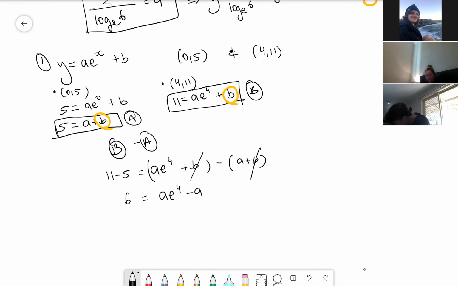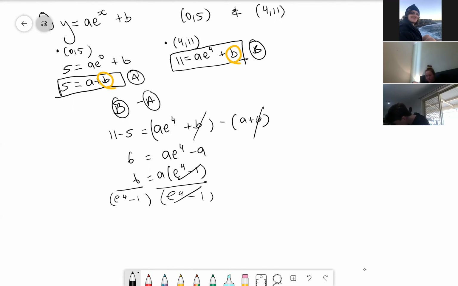So how can we find a here? Factorize. Right, we'll factorize. And then now we just divide by e to the 4 minus 1. So you'll get a is equal to 6 over e to the 4 minus 1.